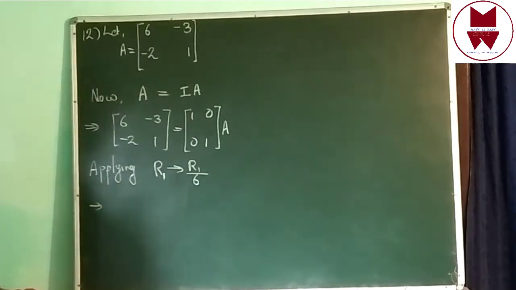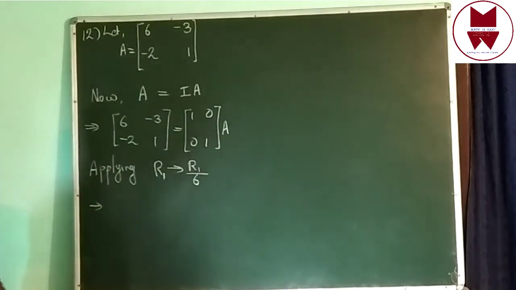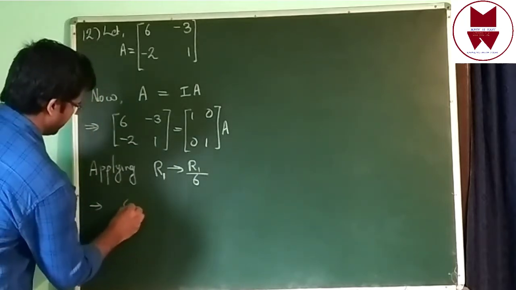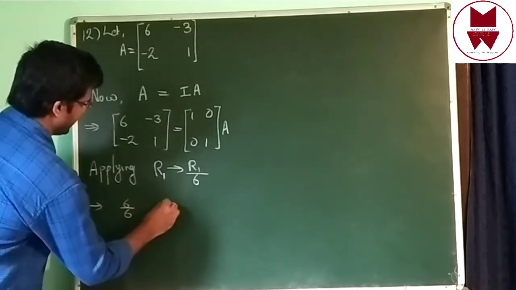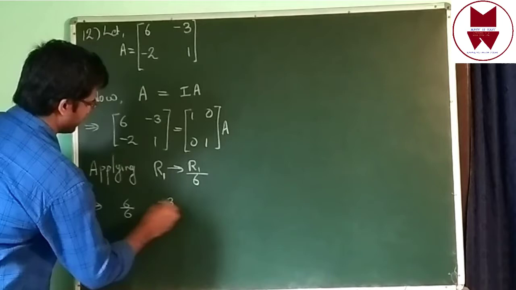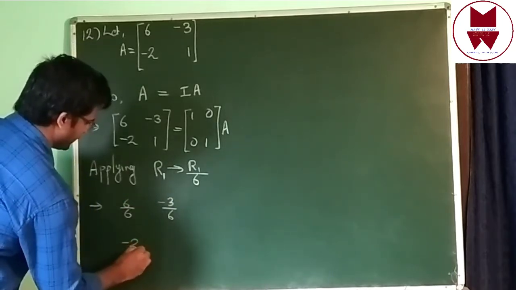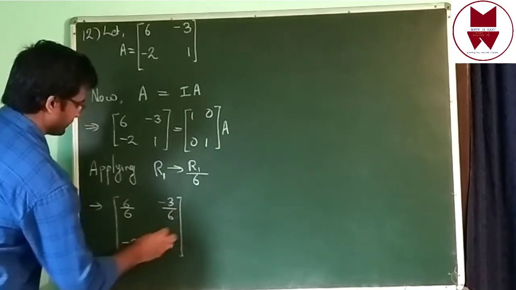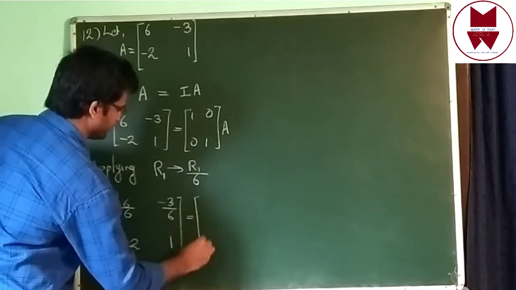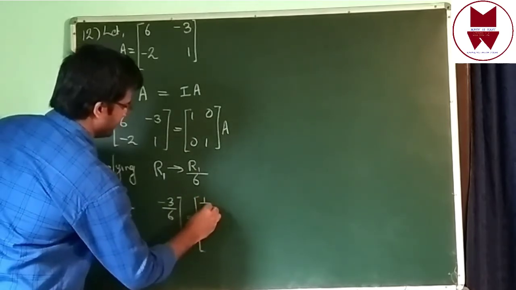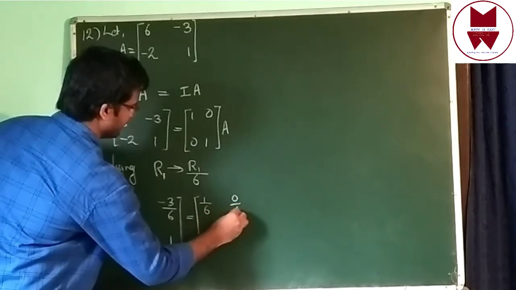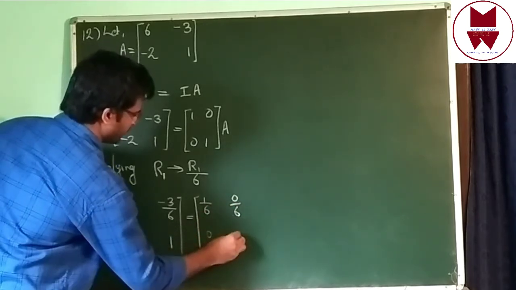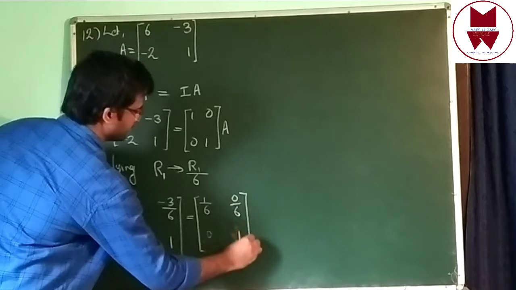That means first row we divide by 6 all the elements. 6 by 6, minus 3 by 6. Then second row no need to change, minus 2 1, equal to 1 by 6, 0 by 6, 0 1.